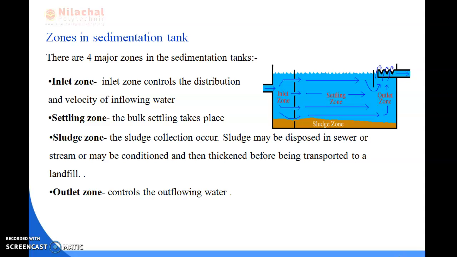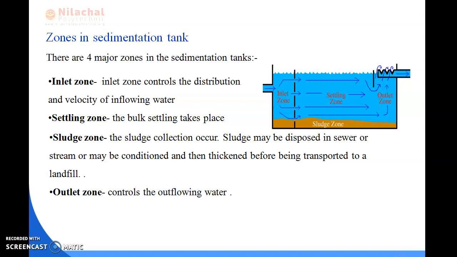There are four zones in the sedimentation tank. You can see the diagram here. They are the inlet zone, settling zone, sludge zone and outlet zone. In the inlet zone, where the water enters, the distribution and velocity of the flowing water is controlled.